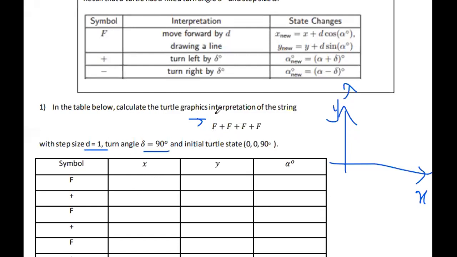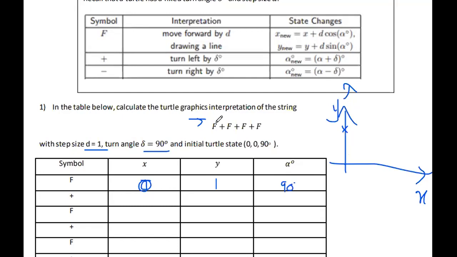The x coordinate remains the same, but the y coordinate changes to 1. The angle is still 90 degrees, facing upward.